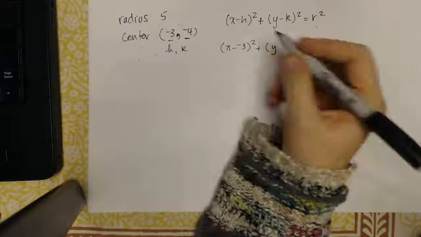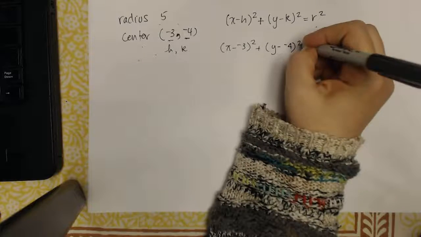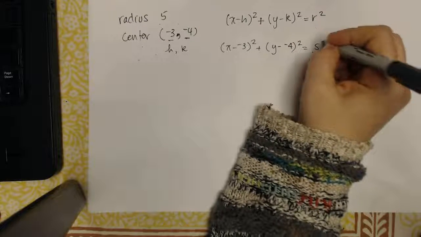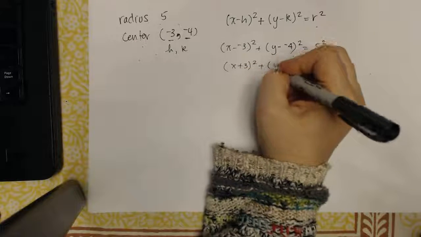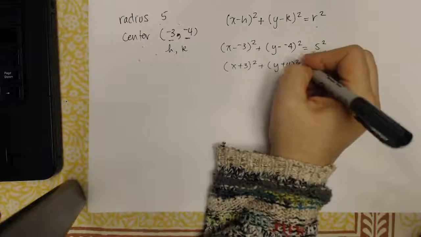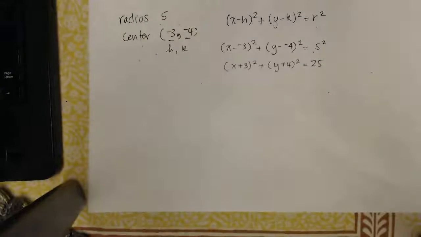And then for k, I'm going to plug in -4. And again, you've got a double negative. And then for the radius, I'm going to plug in 5. Now I can just go through and rewrite this. So I've got x plus 3 squared plus y plus 4 squared equals 25. And that's essentially the standard equation for a circle.